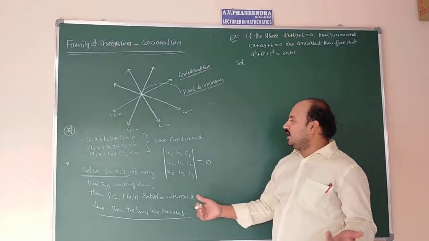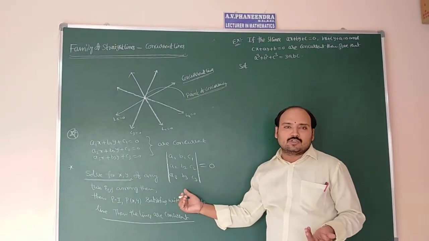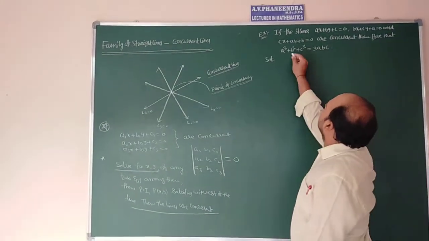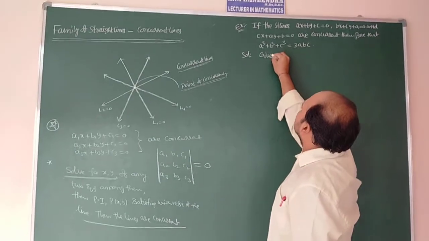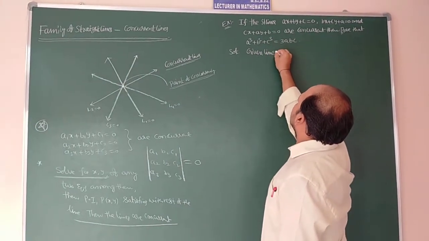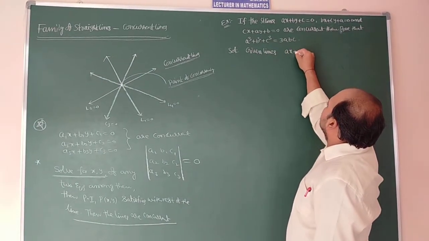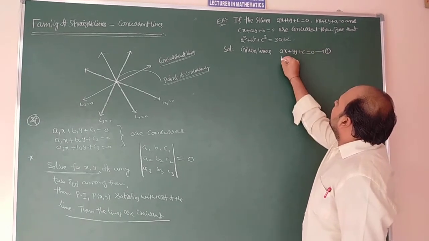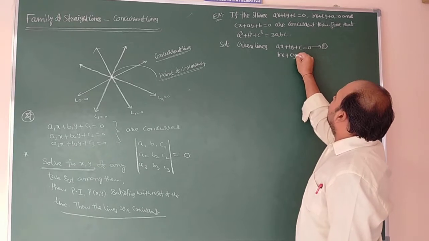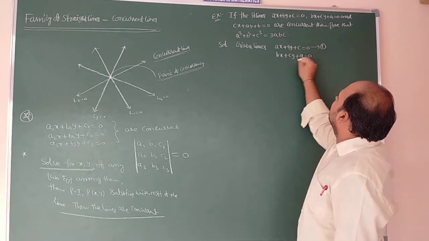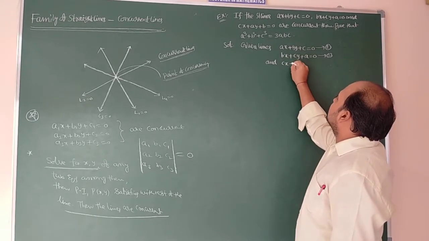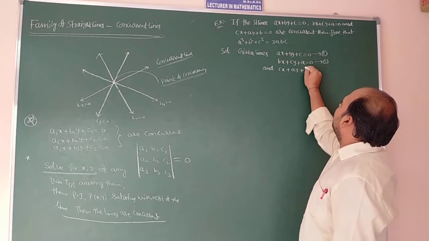Generally, nowadays any concept they will accept in the boards also. So I am going to use the determinant method. First, given lines: ax plus by plus c equal to 0, bx plus cy plus a equal to 0, and third line cx plus ay plus b equal to 0.